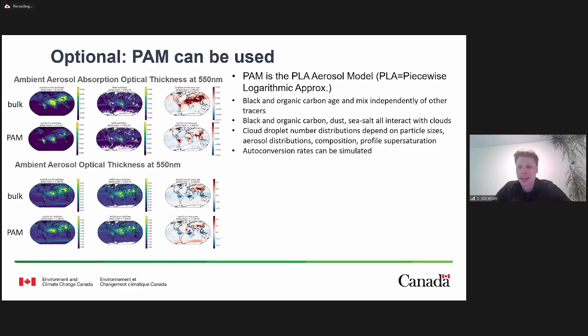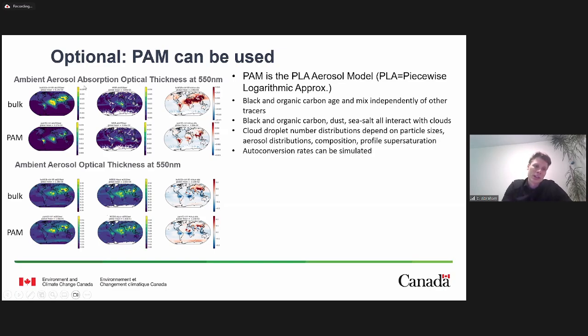In the interest of time, I'm skipping very fast through the option of turning on PAM, the piecewise log-normal approximation, which means that we are now able to mix black carbon and organic carbon independently, and black carbon, organic carbon, dust and sea salt can actually interact with clouds. So there's a real aerosol-cloud interaction, which also affects cloud droplet number distributions, and we can simulate auto-conversion rates.